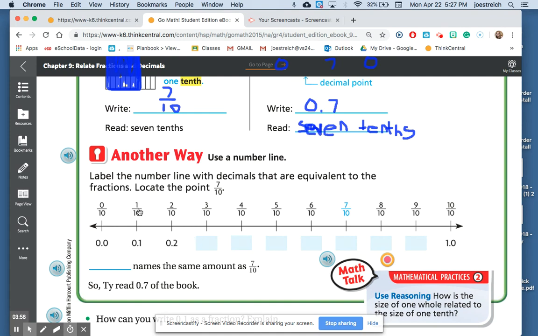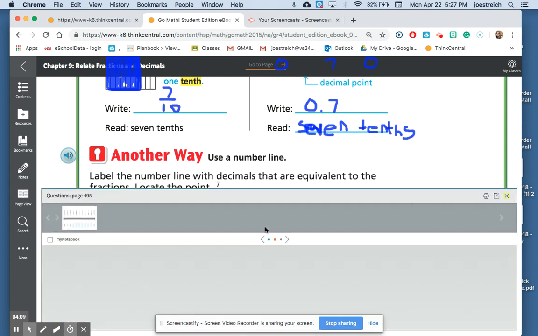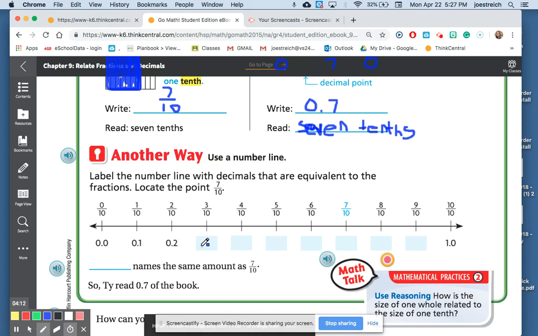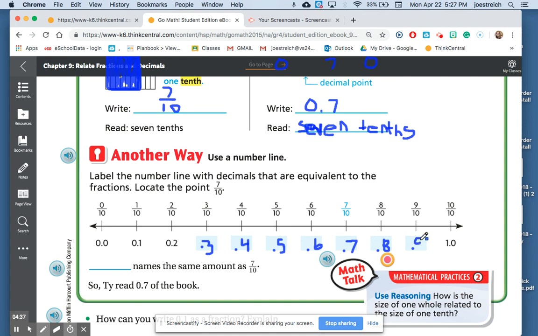So 1/10 is labeled decimal 0.1, 2/10 is labeled 0.2, 3/10 is labeled 0.3, 4/10 is labeled 0.4, 5/10 is labeled 0.5, 6/10 is labeled 0.6, 7/10 is 0.7, 8/10 is 0.8, and 9/10 is 0.9.